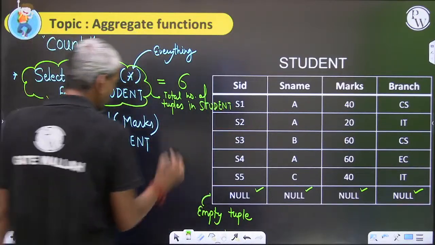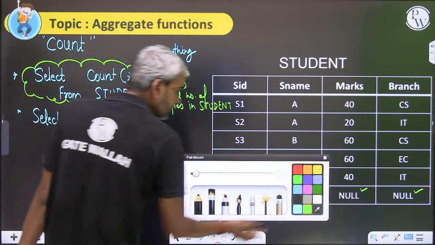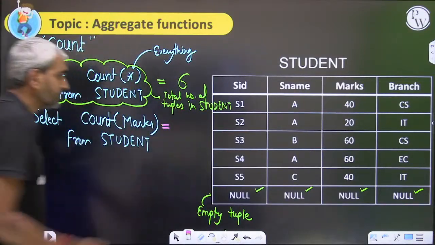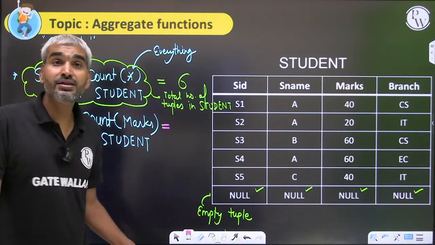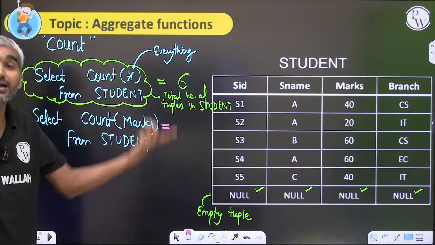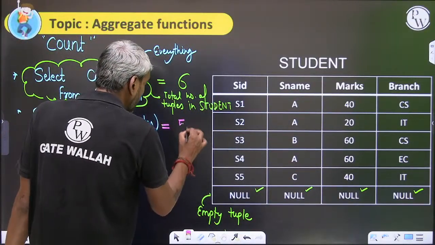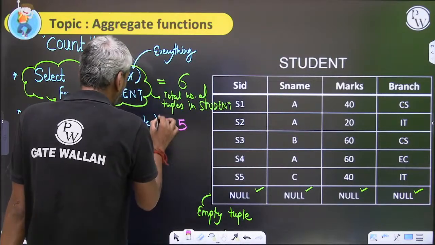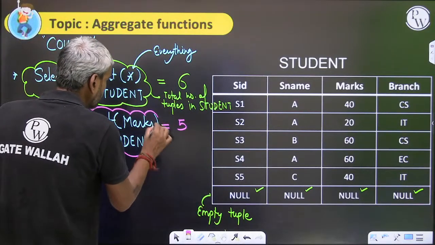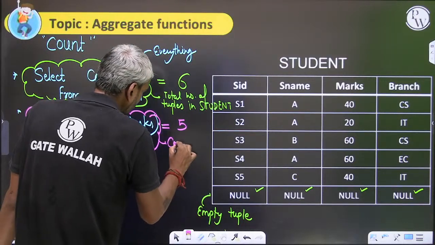The value of the second will be 5, because count marks will discard the null value. It counts the number of non-null marks.